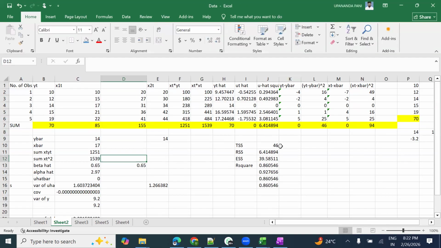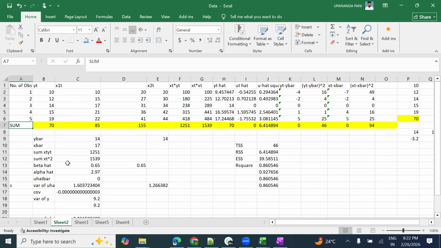Yes, sir, visible. Suppose you have these, 5 observations. This is your y and this is your x. So you will write like this: sum, then as I told you today also, then you will calculate y bar, then x bar, then sum xt yt, sum xt square.